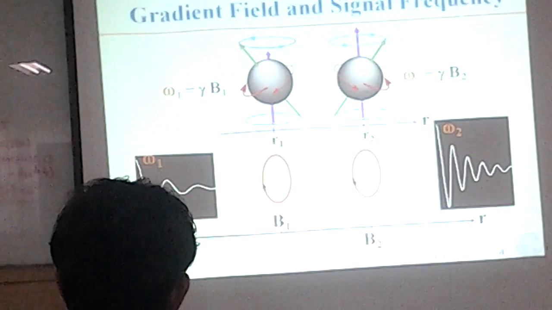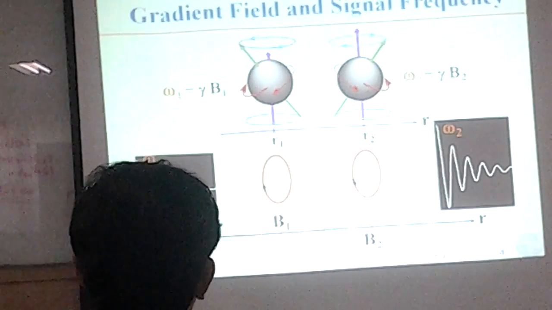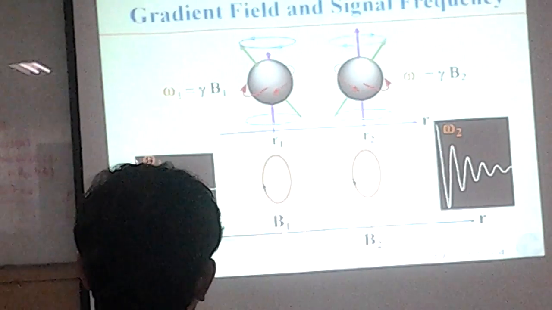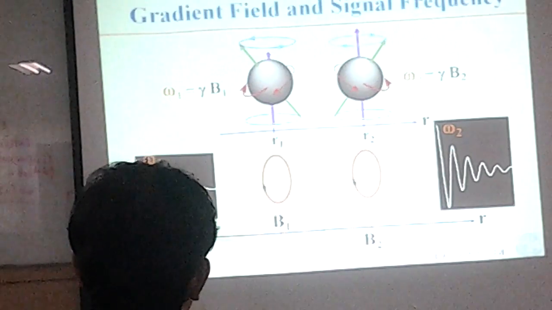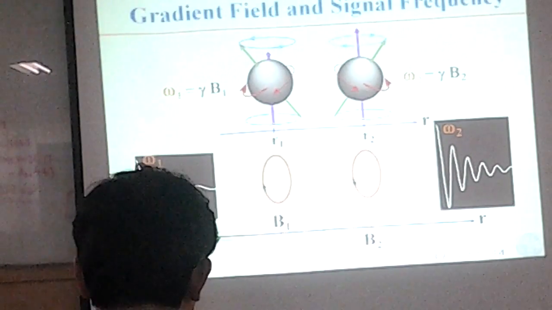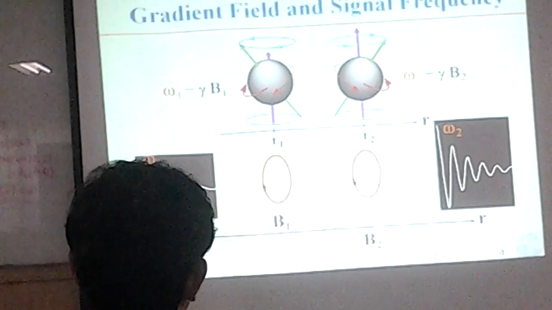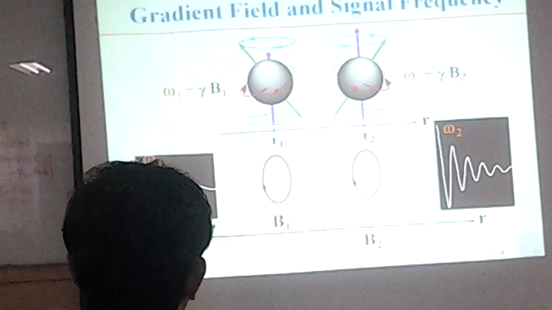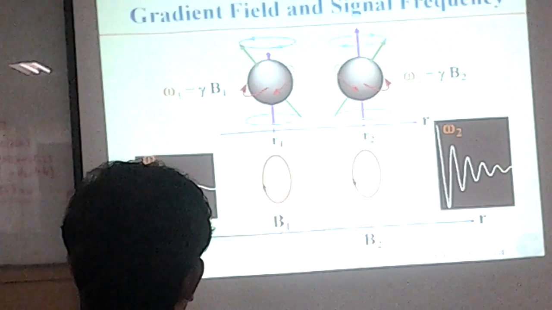So we call this magnetic field the gradient magnetic field or gradient field. This gradient field is generated by a pair of two loop coils with opposite current direction. So we call this pair of coils the gradient coil.